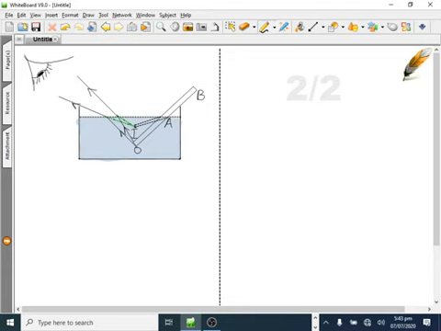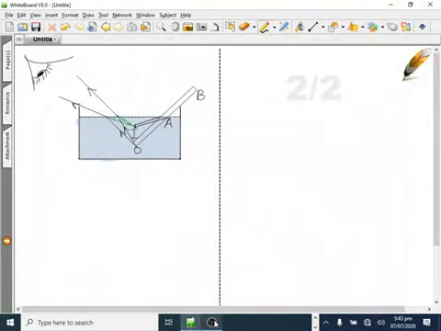Let me quickly give us a little something. Sorry about that. There's something we call lateral displacement. It can also be referred to as upward displacement or apparent displacement. Let me just write this.